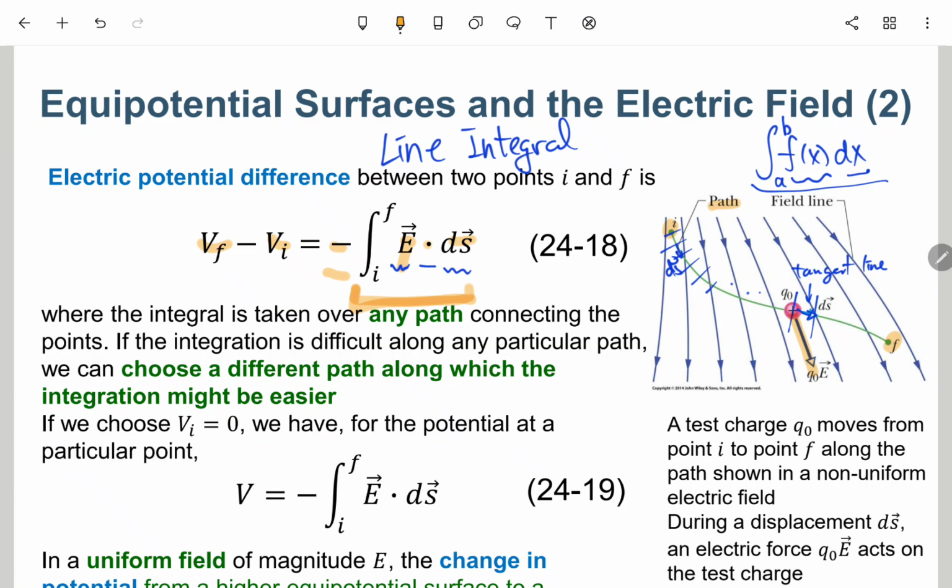After finishing this line integral, we multiply by -1, so it will be the potential difference. If we choose Vi to be 0, then V, or delta V, is nothing but the negative integration of E dot ds.